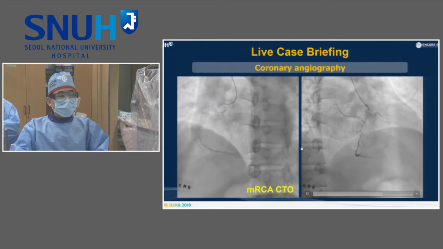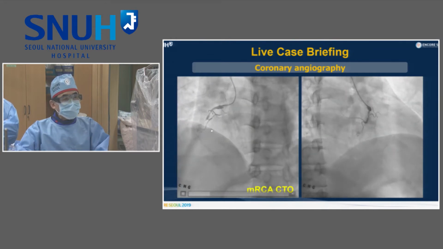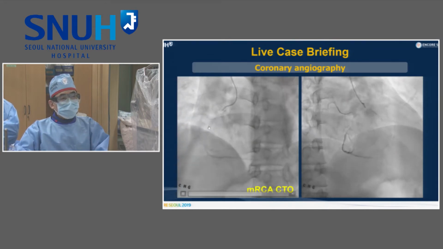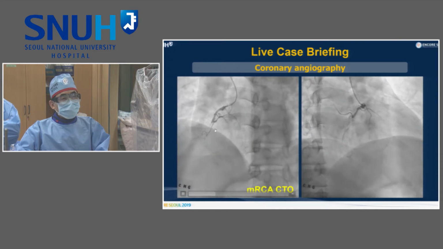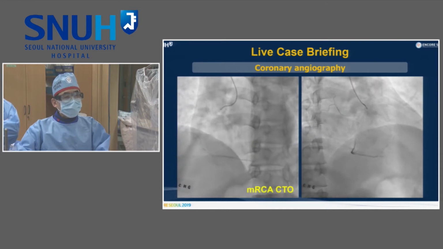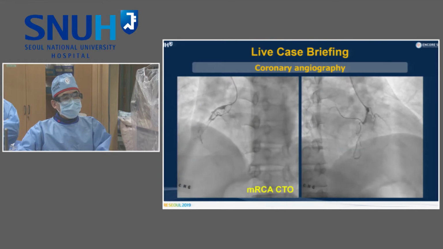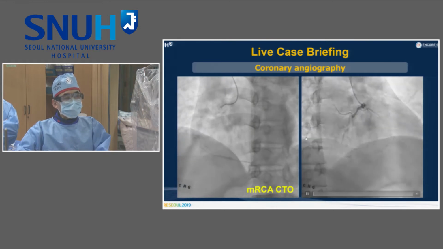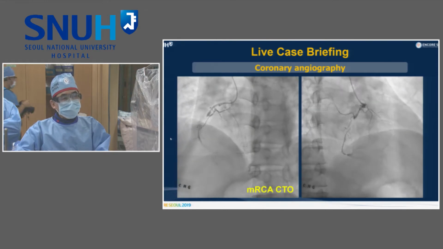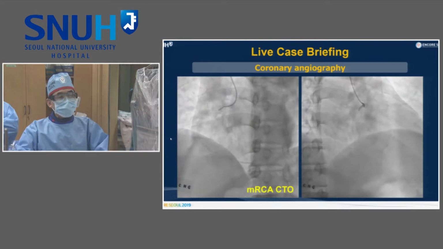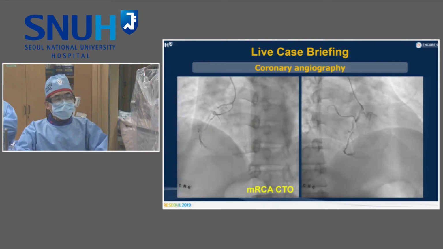Two weeks ago, RCA CTO intervention was performed. We can see the segment is about 20 millimeters. Ipsilateral collaterals are dominant. The bad thing is that around the proximal stump, there are several fine side branches.